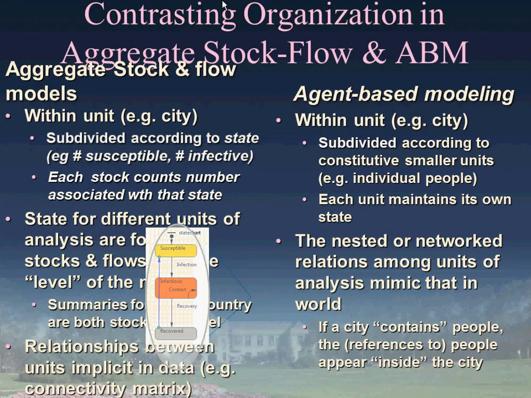Oh, I had a beautiful diagram, but it's somehow lost. So we can also have multi-scale models. What I mean by that is we might have agents here at the low level who are individuals, people, and then we might have them grouped into a neighborhood.